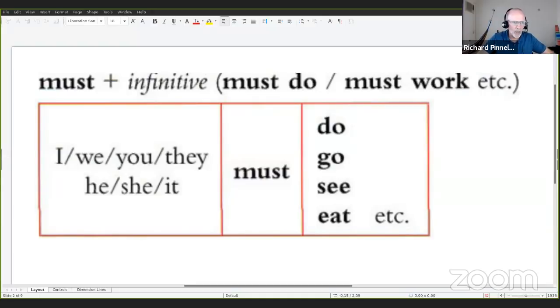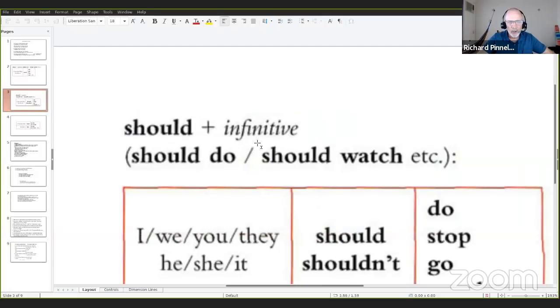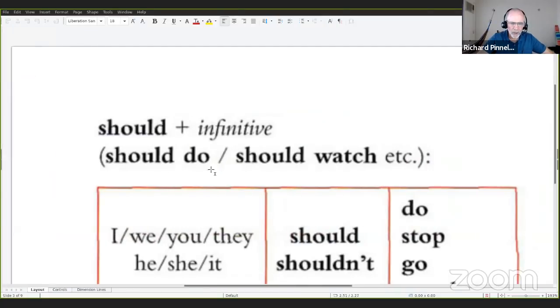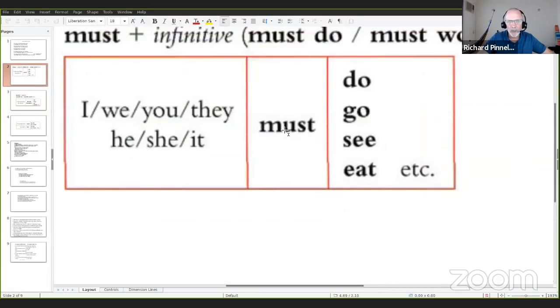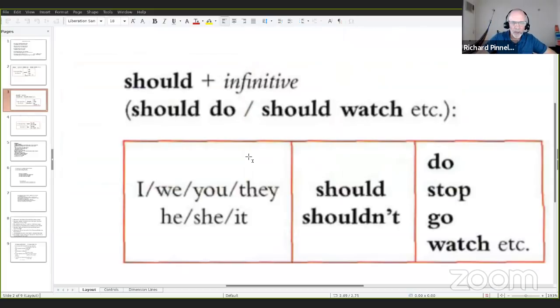Remember, must is para obligación. Should es lo mismo. Para hacer negativo solo tenemos que poner la palabra not. Must not. Pero generalmente se hace la contracción y dice mustn't. Mustn't.